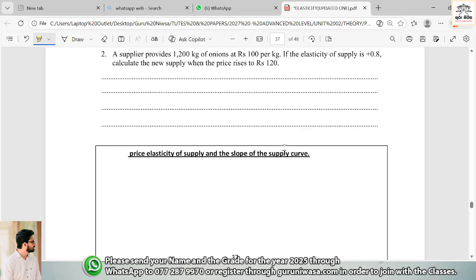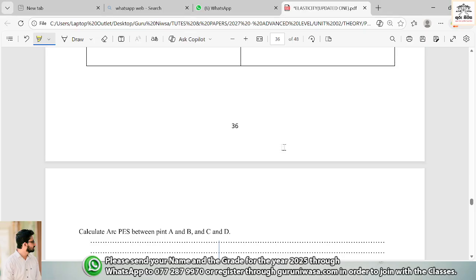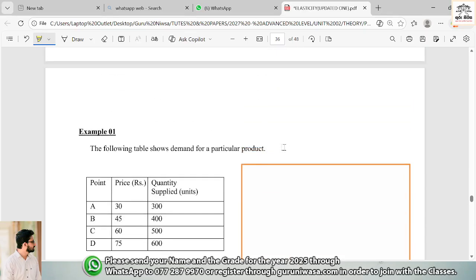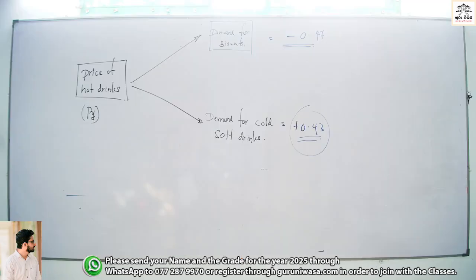And finally, reasons for PES, price elasticity of supply. It's the same as price elasticity of demand. That part will be completed next day with other students, Kalana. Shall we?